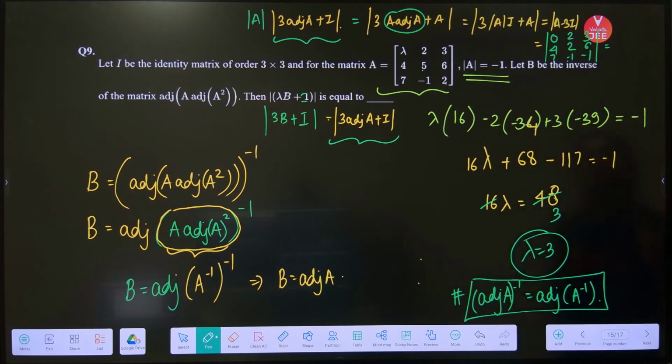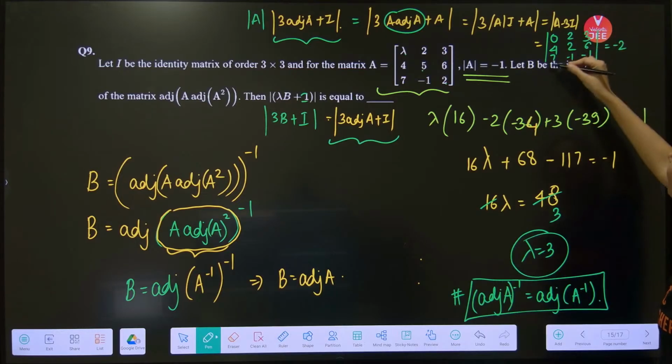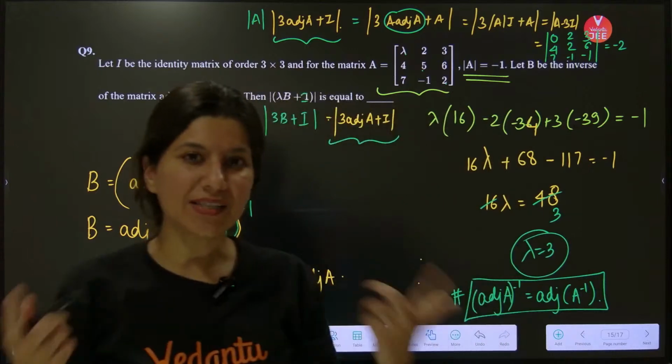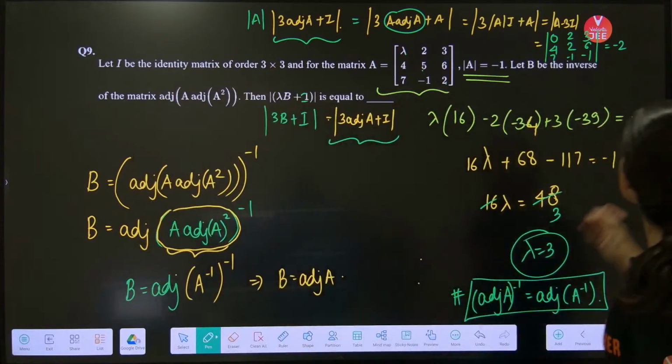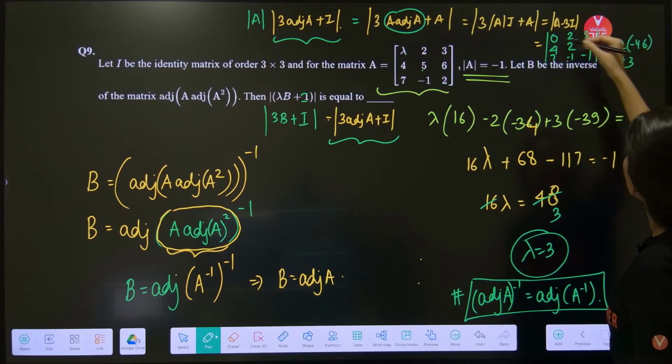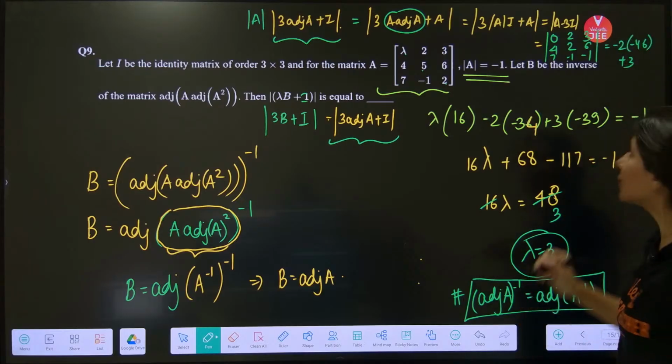So this is going to be minus 2, minus 4, so minus 2, minus 2, right? Minus 4, minus 42, so minus 46. Plus 3, 3, minus 4, minus 14, so minus 18.